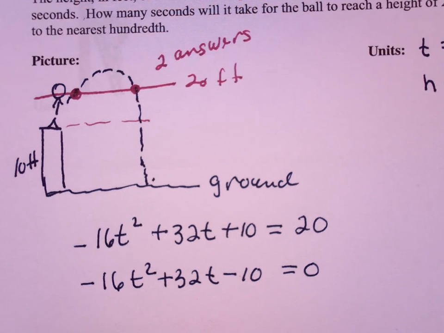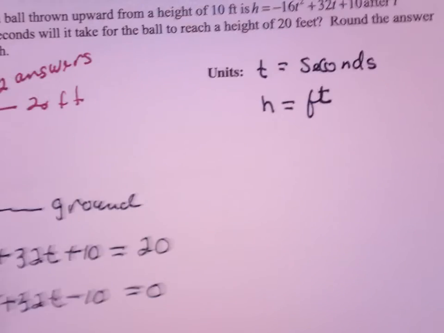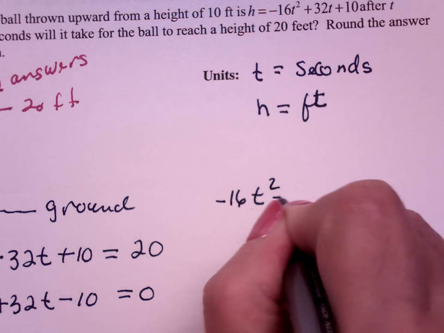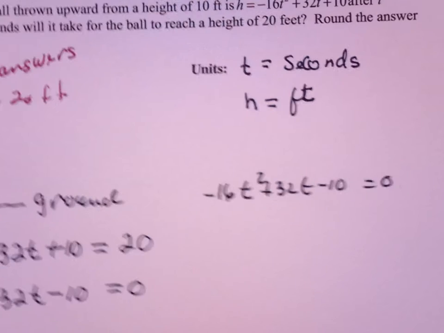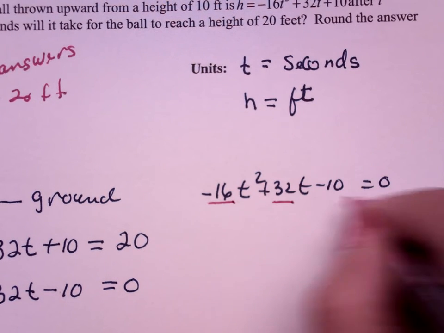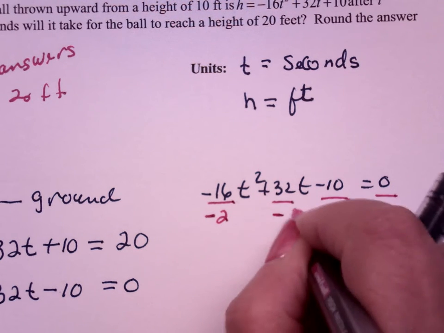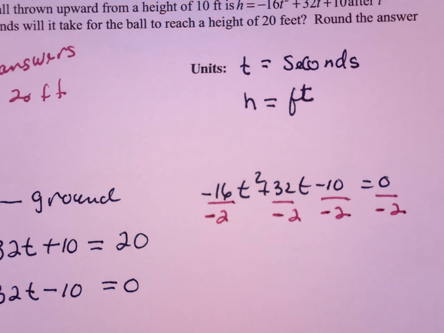The other thing you can do is you notice there is a common factor of 2. If you wanted to, you could divide everybody by negative 2, one to take out the negative, and the other to take out the common factor.